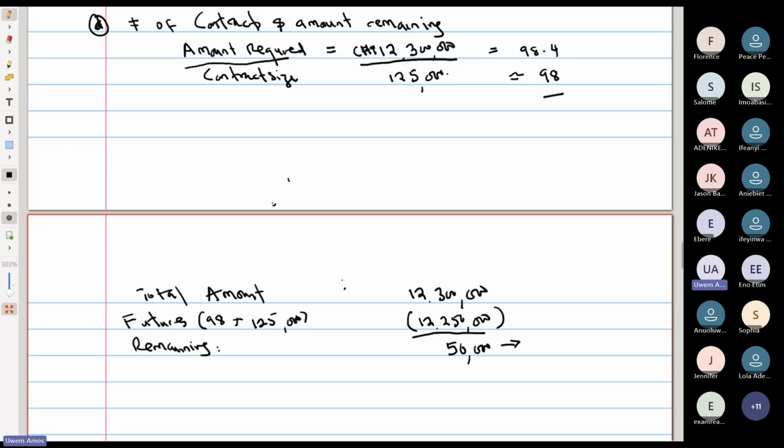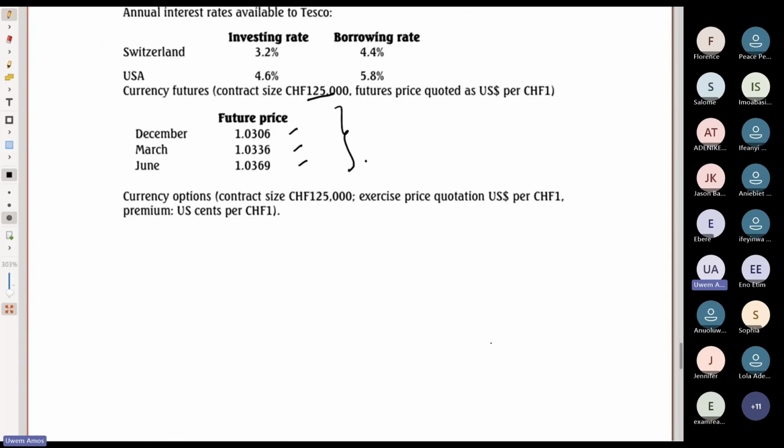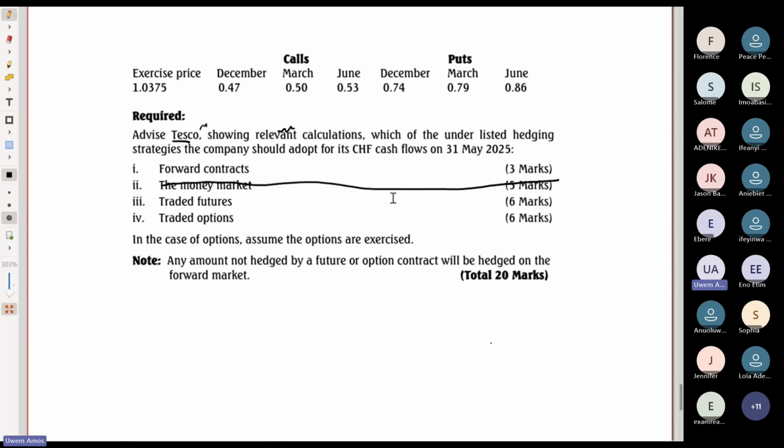And the question mentions that any amount that we cannot hedge using futures because it's sold in blocks, we should hedge that amount using what? Forward market. Any amount not hedged by a futures or option contract will be hedged on the forward market. So the balance of 50,000, we're going to hedge it with forward. We're going to come to that when we finish with our futures computation.